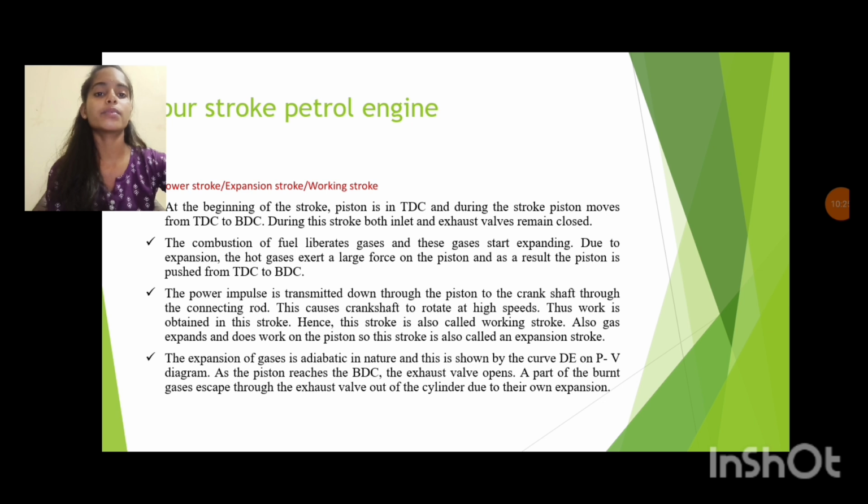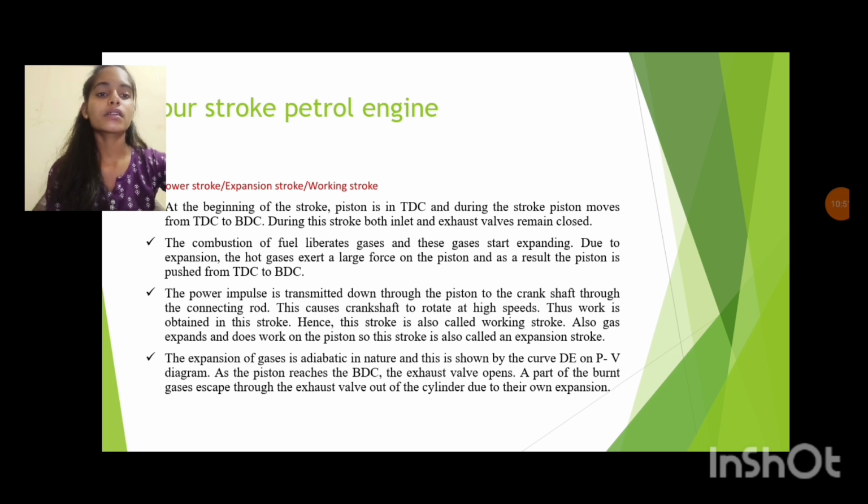The hot gases exert a large force on the piston, and as a result the piston is pushed from TDC to BDC. The power is transmitted down through the piston to the crankshaft through the connecting rod.